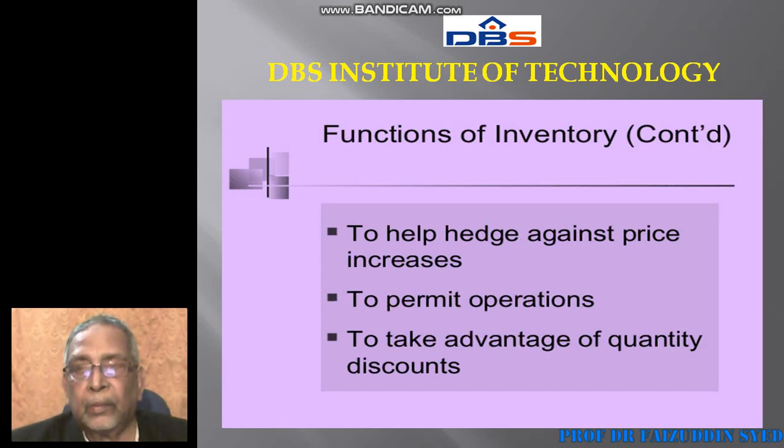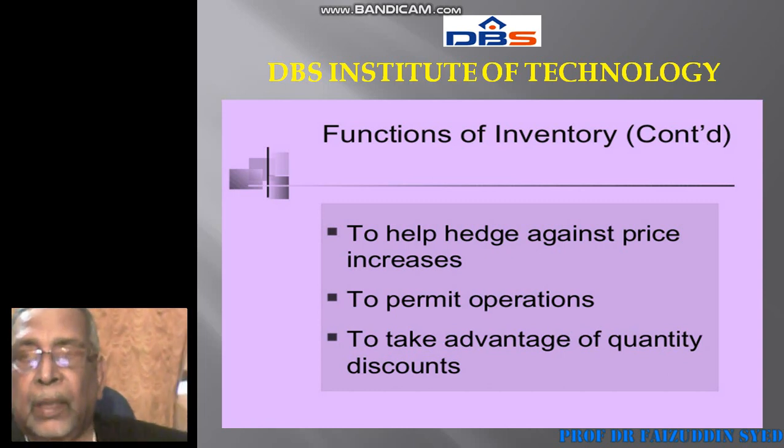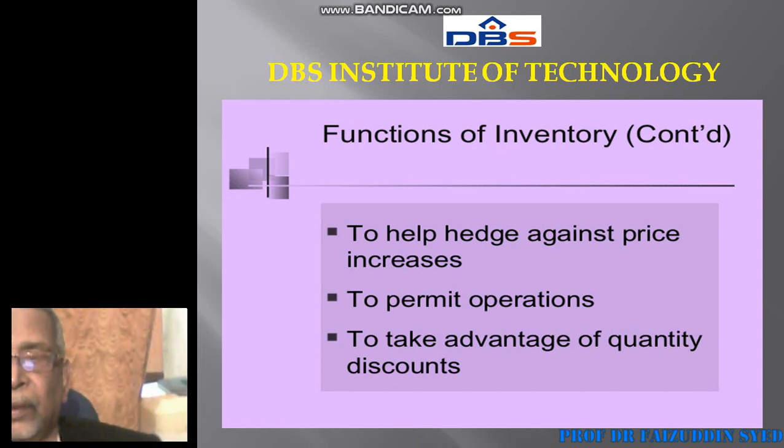Another function of inventory is that it will help to hedge against price increases. So what happens in the market? In the month of January we purchase some material at some rate.